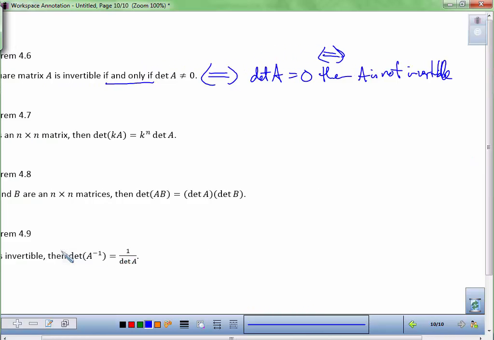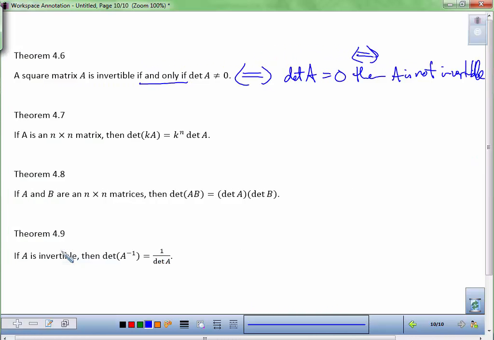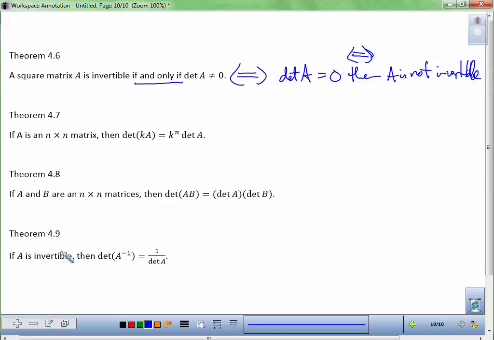And if A is not invertible, then a bunch of things follow, like the null space business. The null space has dimension bigger than or equal to 1.